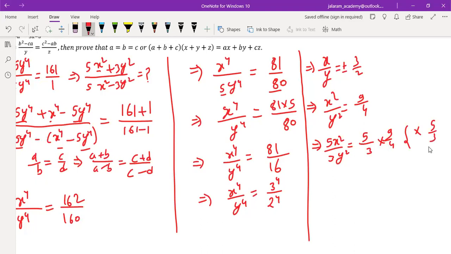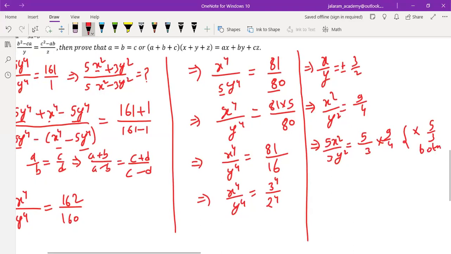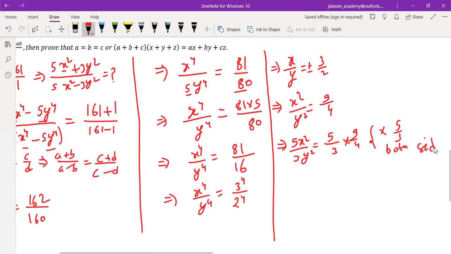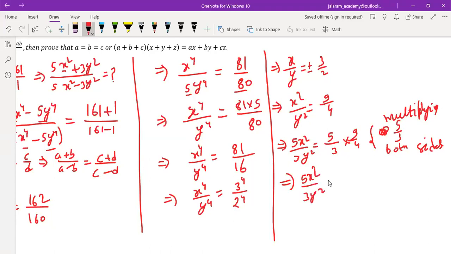Multiply 5 by 3 both sides. Okay, so it implies 5x^2 upon 3y^2 equals 5 threes are 15, upon 4.